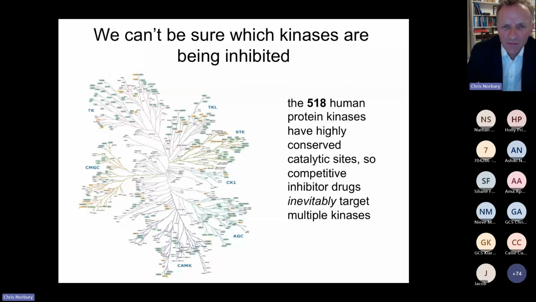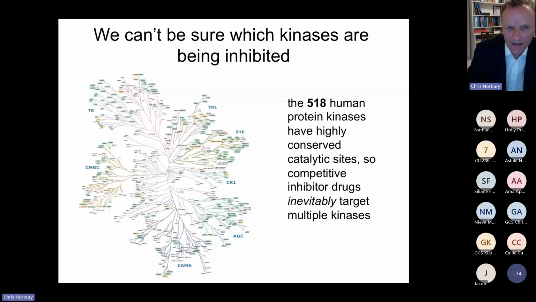And in amino acid sequence, they're all quite similar to each other, and their ATP binding pockets are all very similar to each other. And so there's a very real chance that any drug that works by competing for ATP binding to a protein kinase is actually hitting multiple protein kinases all at once.